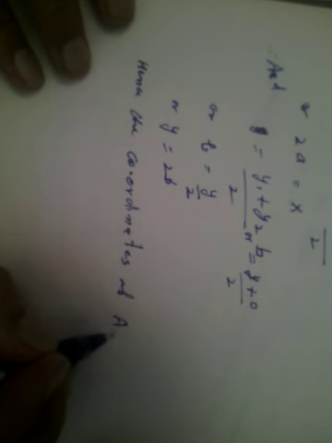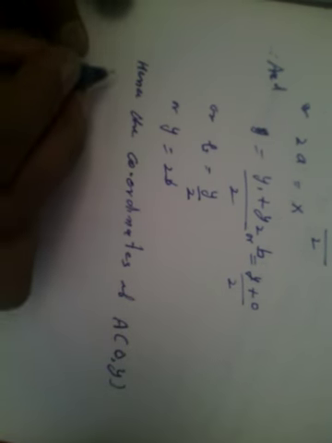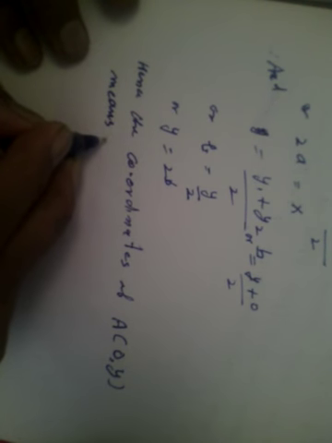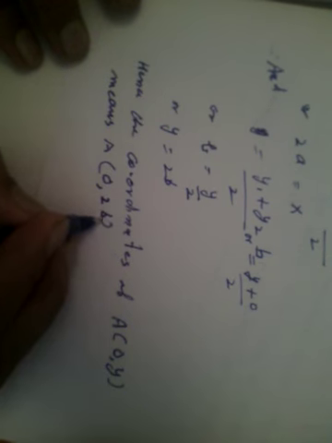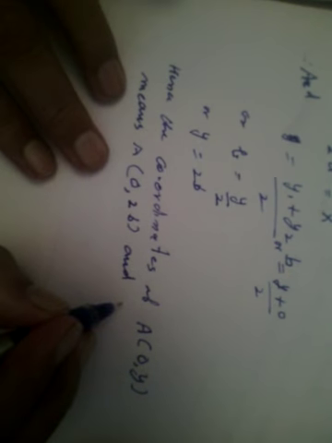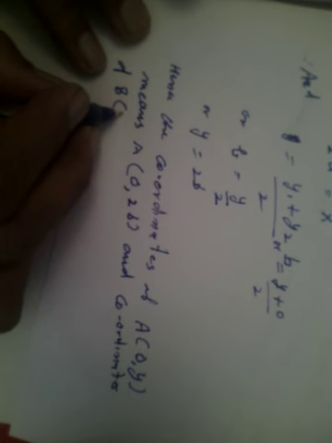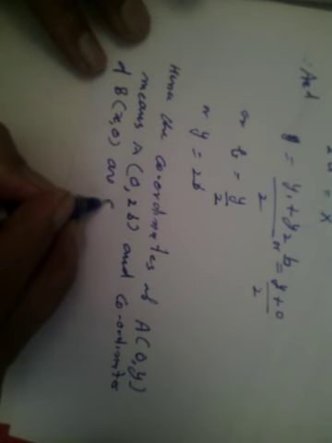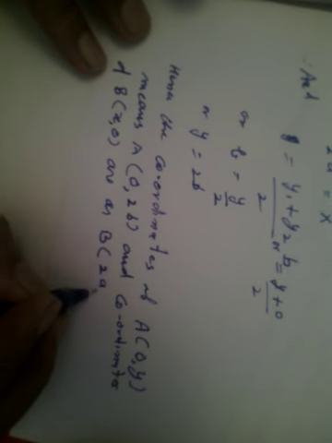Hence the coordinates of A, (0, y), means A is (0, y) where y is equal to 2b, and the coordinates of B, that is (x, 0), are B, where x is 2a, so (2a, 0).